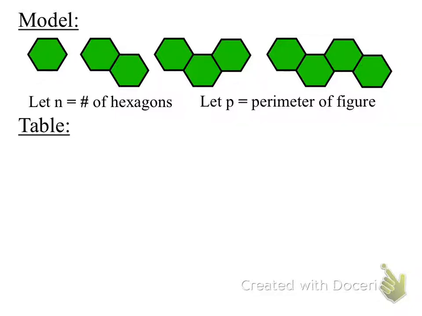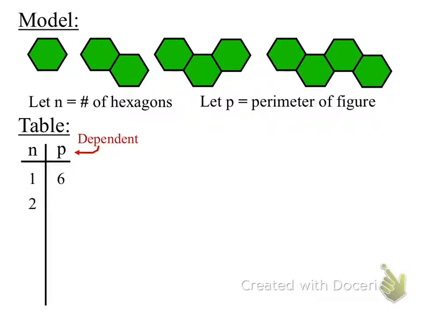Let's check out what you have. So your table. For 1 hexagon, what did you get? How about Kendall? I got 6. Good. And 2? 10. Good. And 3? 14. Good. 4? 18. Good.